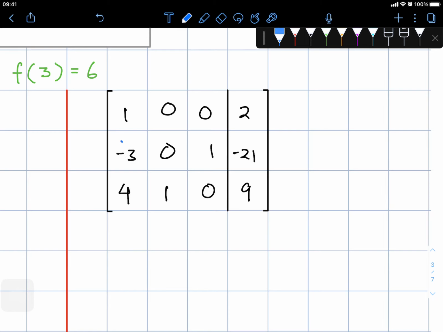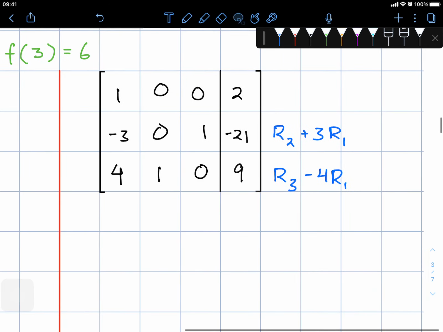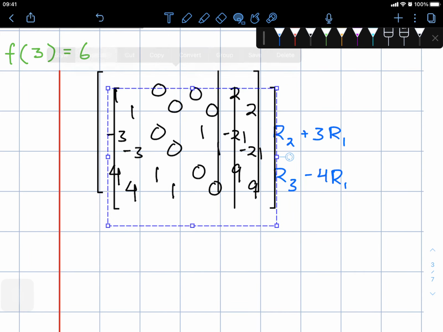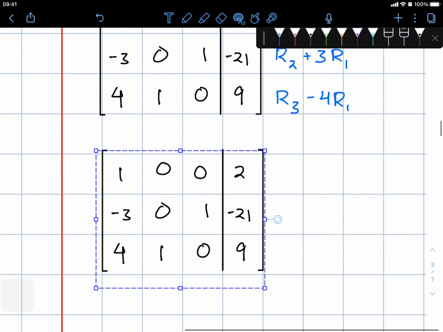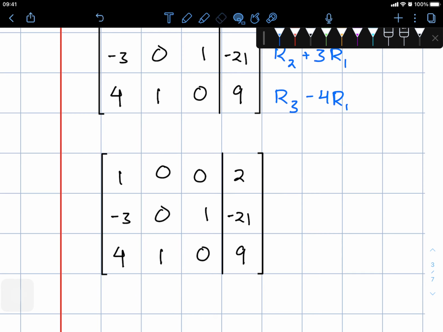And then from here I can make these two zeros. Row 2 plus 3 times row 1. And I can make this 0 by subtracting 4. So row 3 minus 4 times row 1. So let's solve this last step.